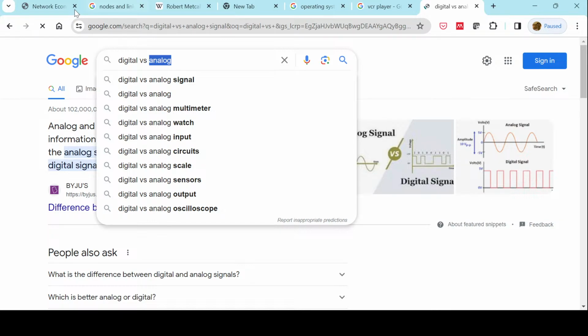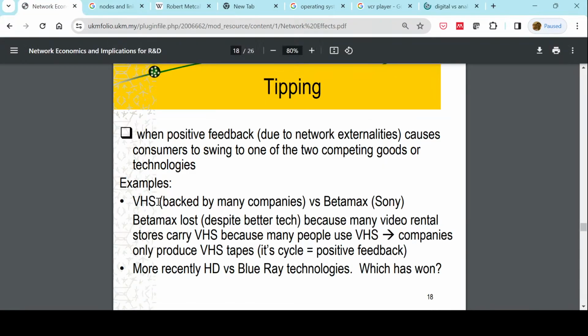VHS, the technology, the player itself, the VCR player, video cassette recorder, VHS type or Betamax type. There are two competing types only, technology or standard.